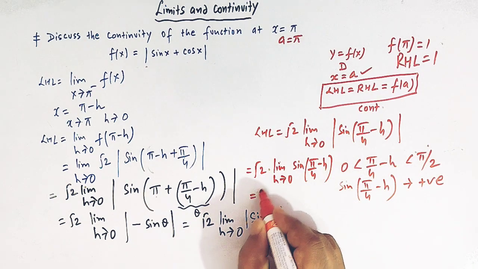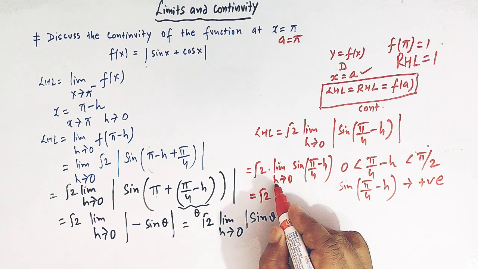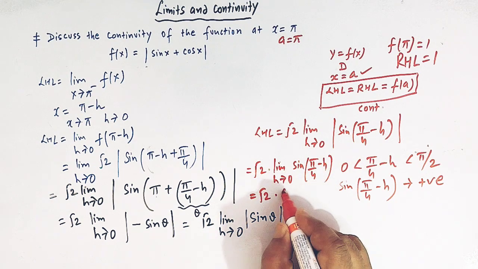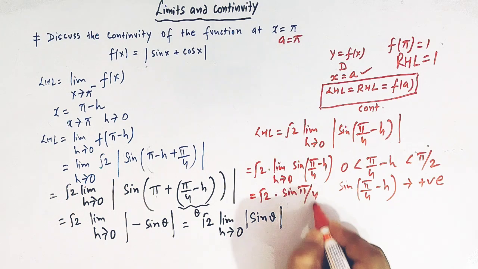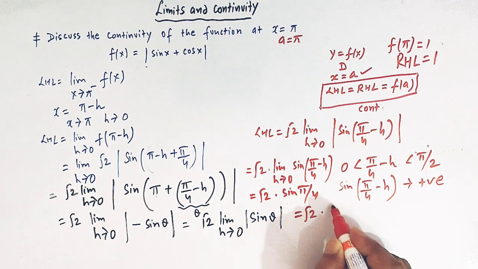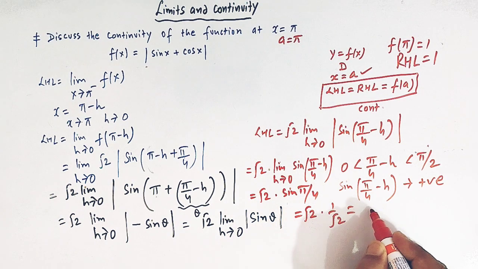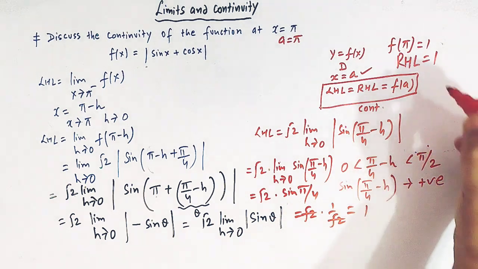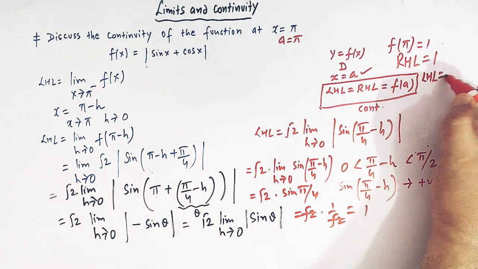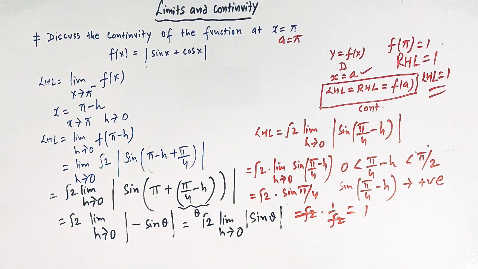So now we have root 2, and when we take h is equal to 0 here, we have sine pi by 4, that is equal to root 2 times 1 over root 2, that is 1, right? So the left hand limit is also equal to 1, right?